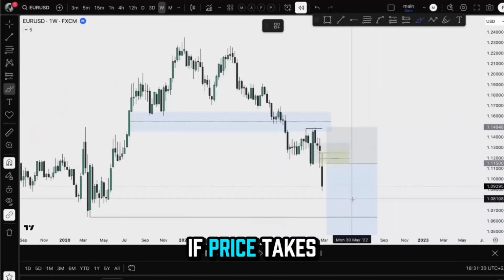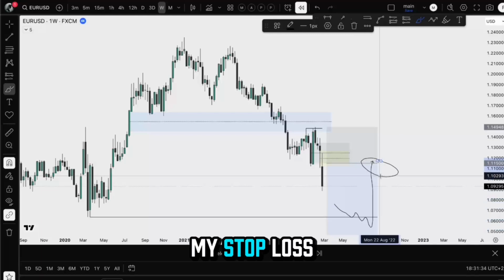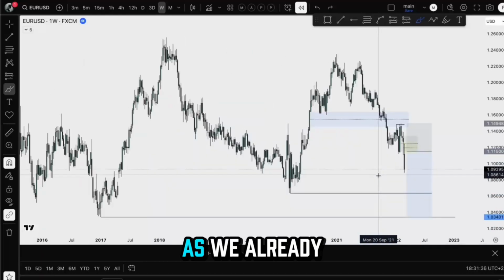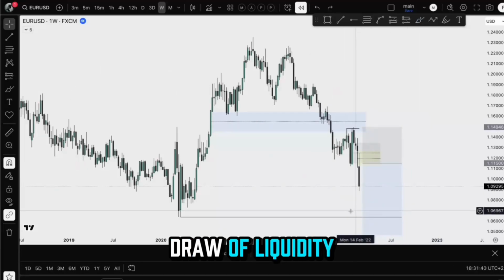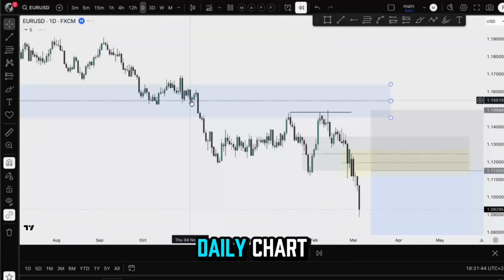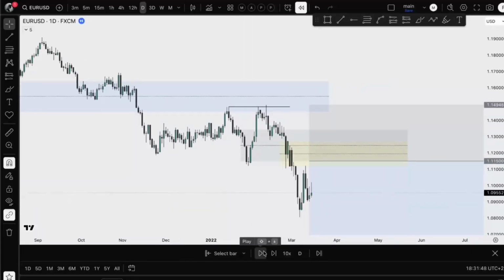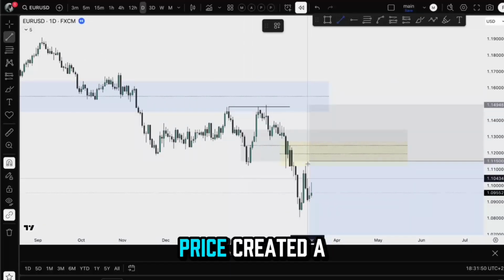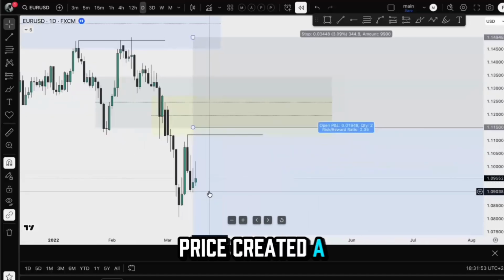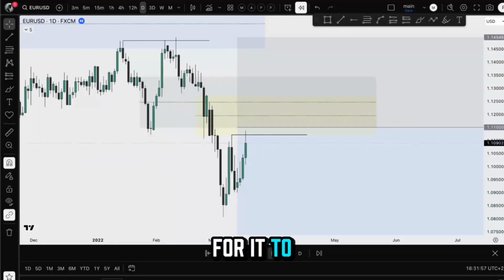If price takes these lows and retraces, I could move my stop loss to break even, as we already took the first draw on liquidity. So if we drop to the daily chart, we are going to wait for a retracement. Price created a weak high. We are waiting for it to be taken.